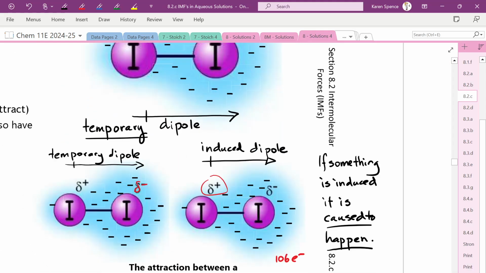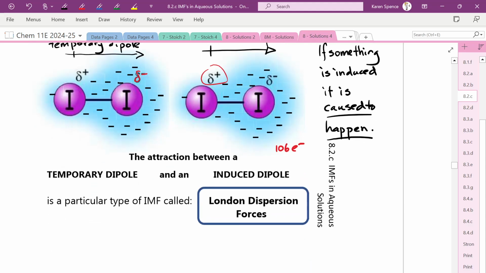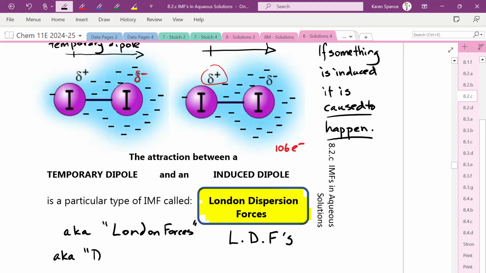They are called London dispersion forces. Now, the good news is that these are very, very commonly referred to as LDFs. They are also known as London forces, they are also known as dispersion forces.